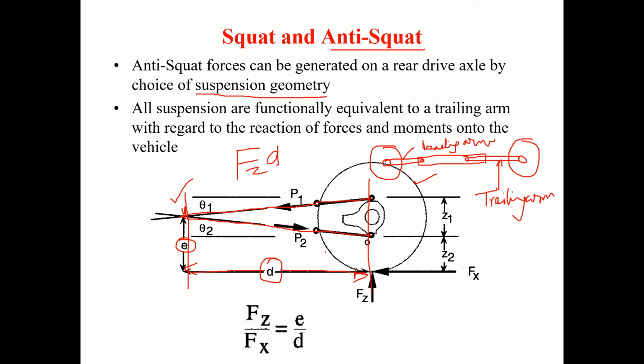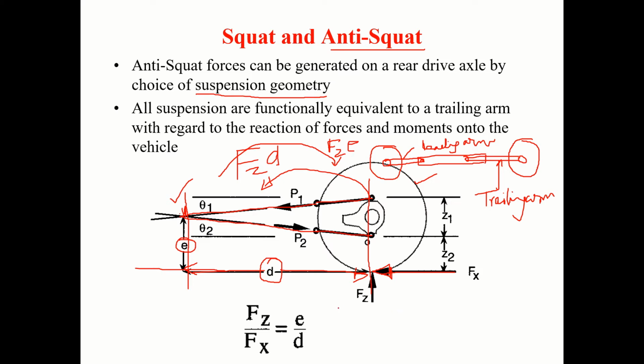So this Fz into d is a counterclockwise moment. Correct? Then Fx, which will be here, the traction force, comes into play when you are accelerating. This force about this point will create a counterclockwise moment. This is Fx into E.